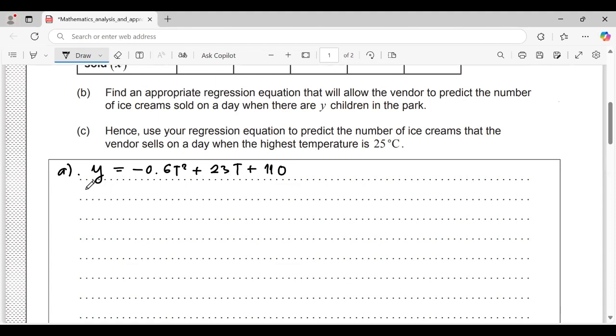If t equals 25, so it's going to be y equals minus 0.6 times 25 squared plus 23 times 25 plus 110. It is 310 children. Okay. Next question.